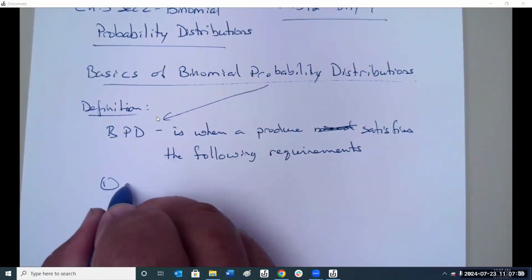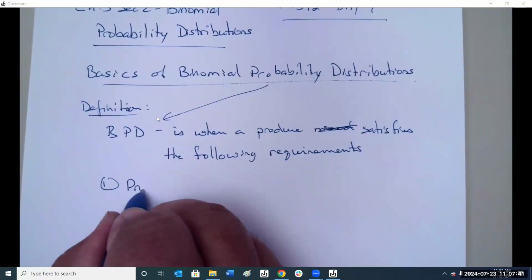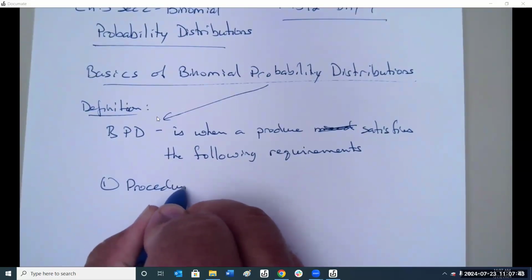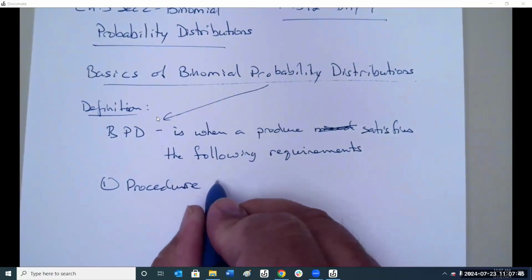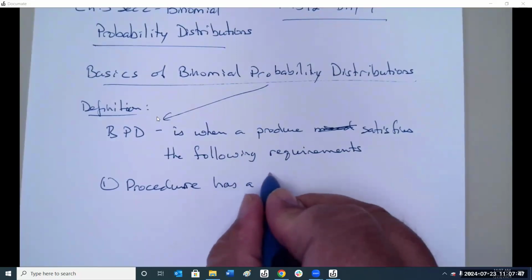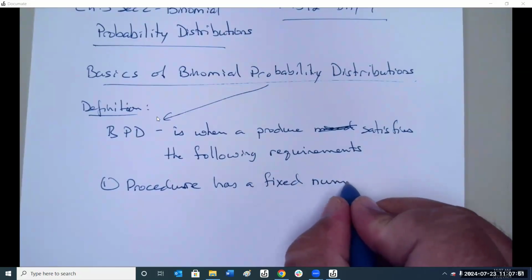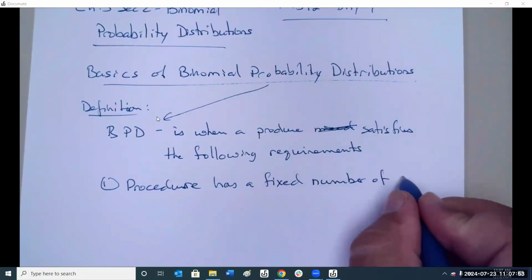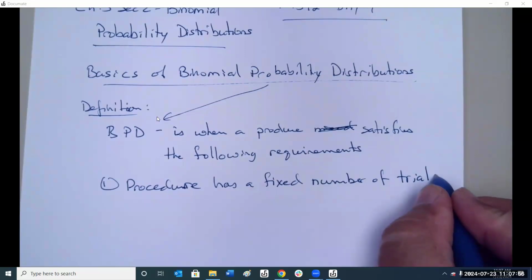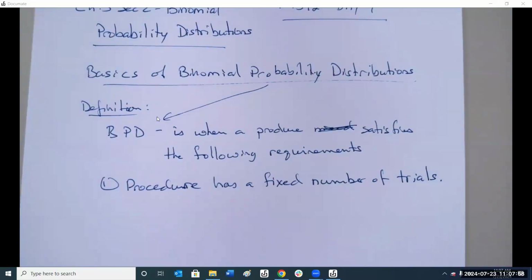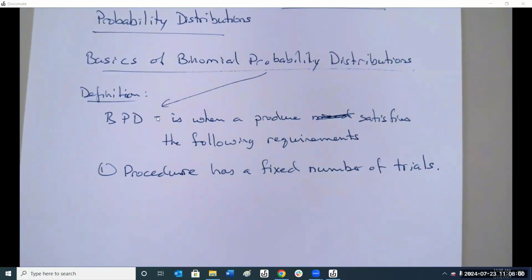One, the procedure has a fixed number of trials. By trial, we're talking about each event.